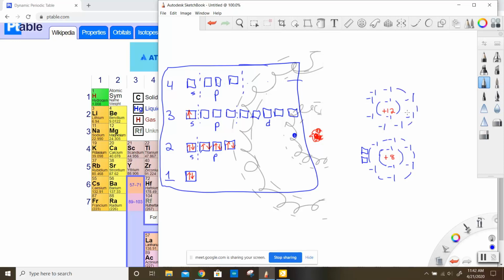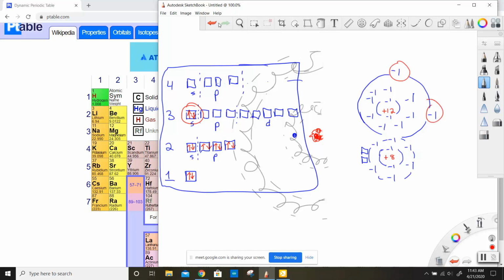The next layer for magnesium has some extra electrons hanging out on the outside, because this is magnesium, number 12, so it's got 12 electrons, with these two hanging out on the outside.